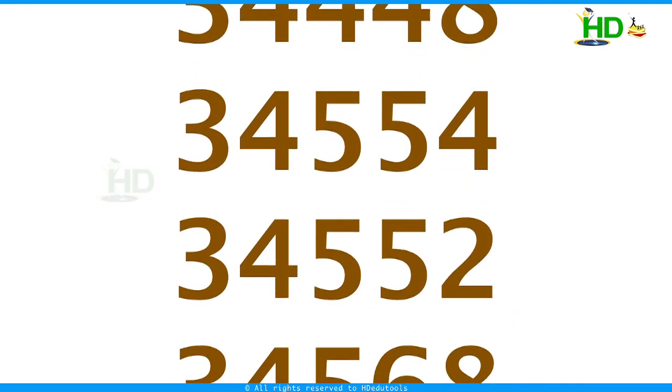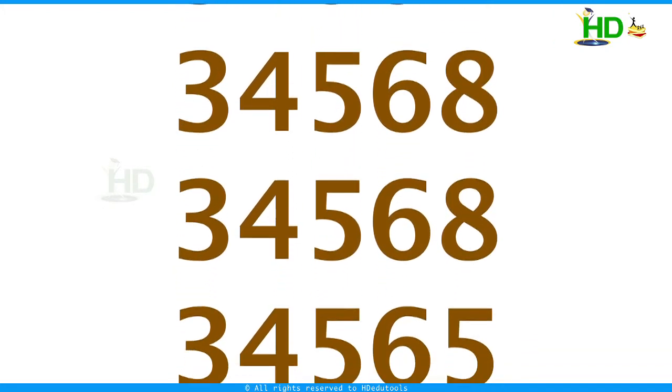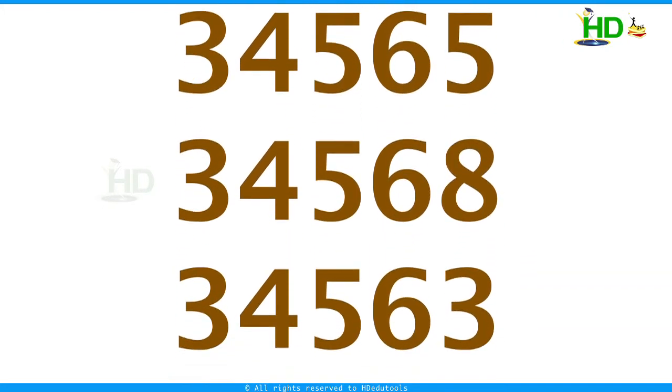Now suppose if the digits in the thousands place are also the same, then what will you do? We move to the hundreds place and then tens place and finally the units place. Now take an example. Which one is greater among these numbers? Now if we observe these numbers, these three have the same digits in 10,000s place and also in thousands place. So we compare the digits in the next place, that is in hundreds place.